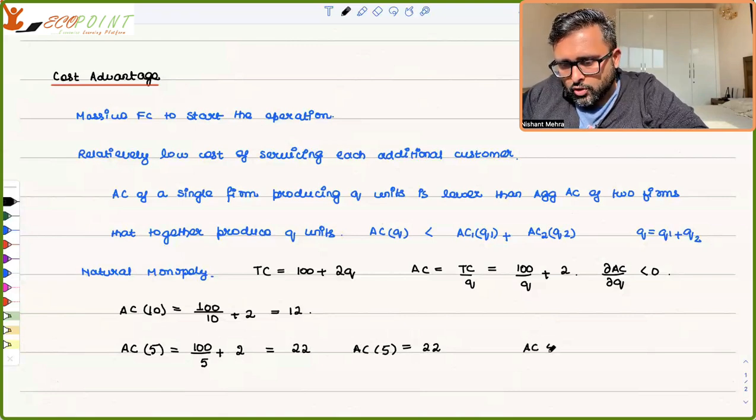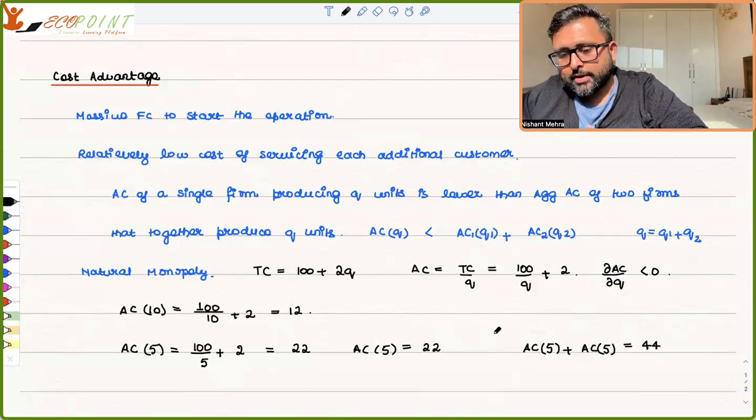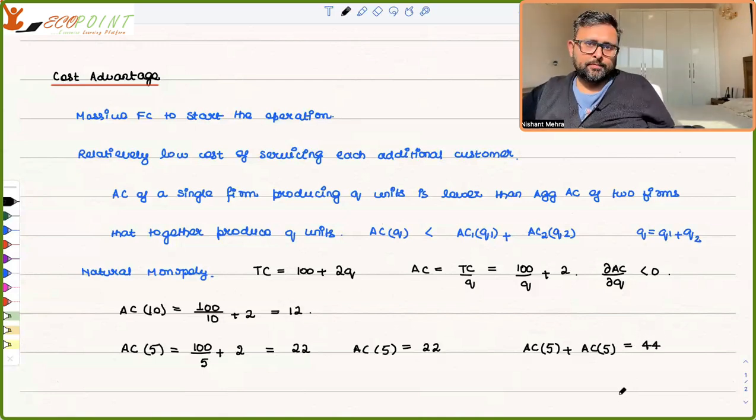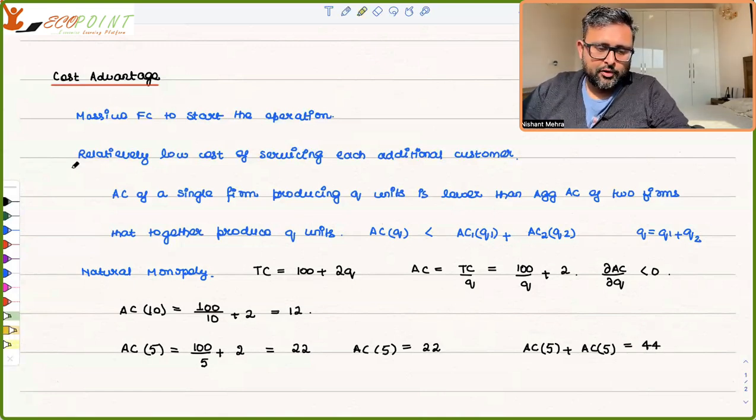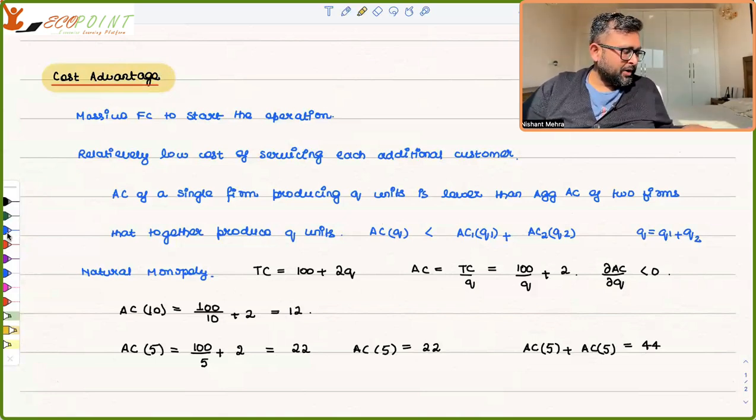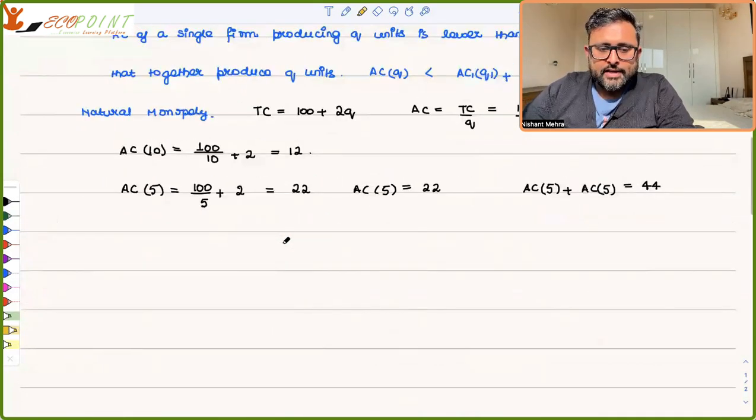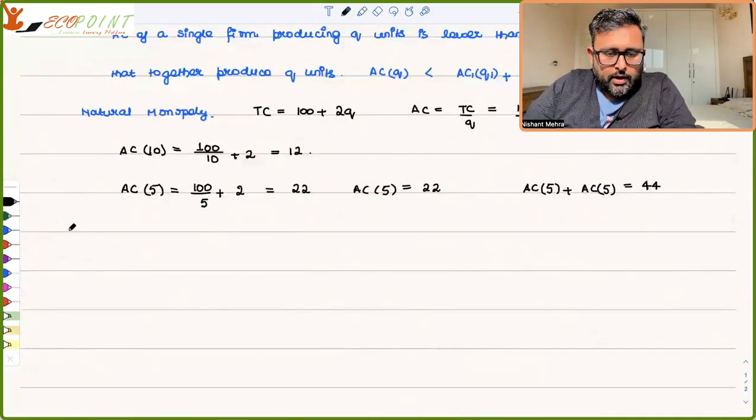So the total cost of producing 10 units of output when there are two firms producing 5 units each is what? 44. Now you tell me, is 12 better or 44 better? So in this case, if only one firm is producing it, it is better than if two firms are producing the same level of output. You with me? Then you have an example of the demand advantage.